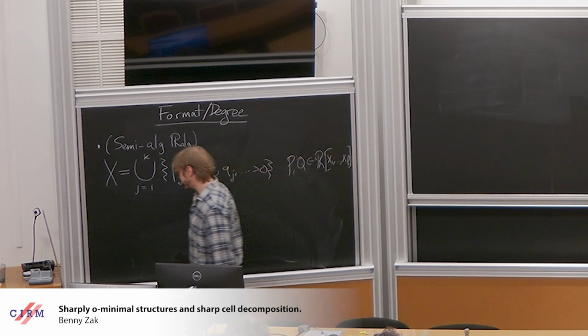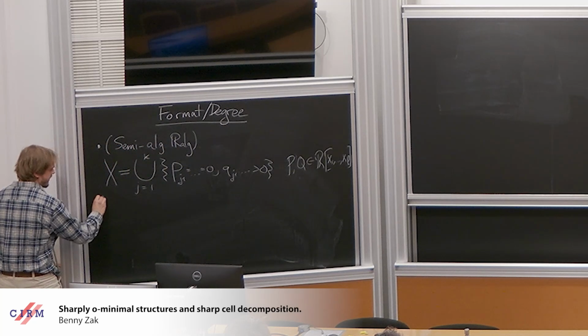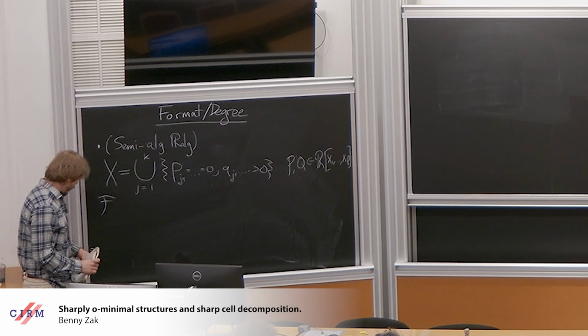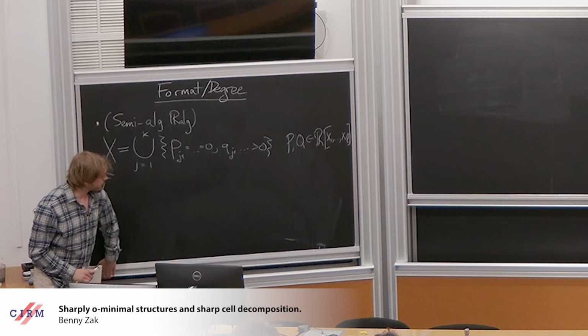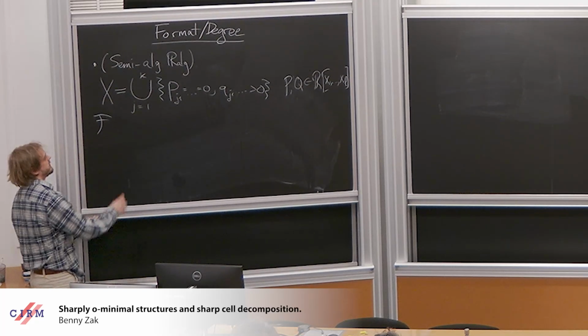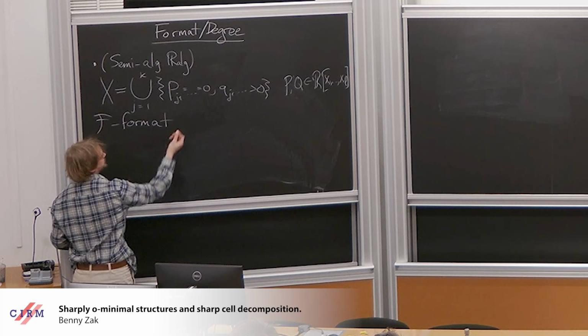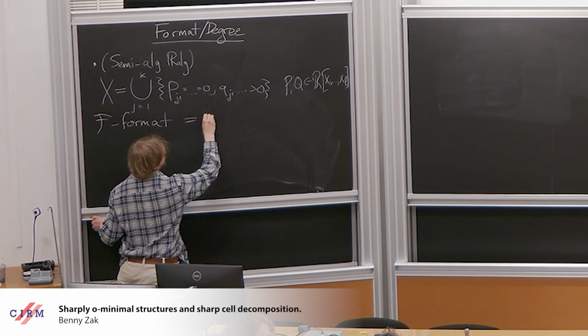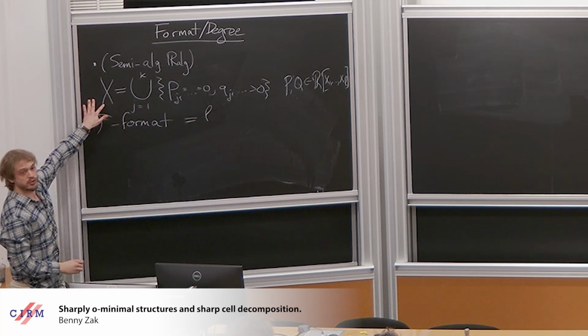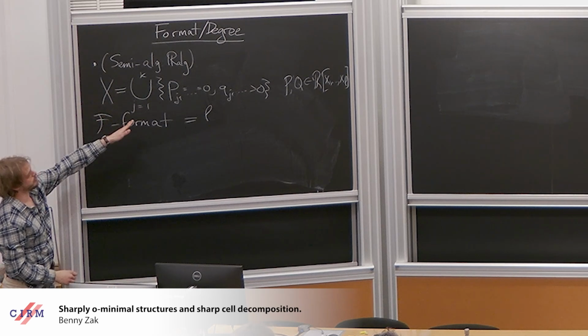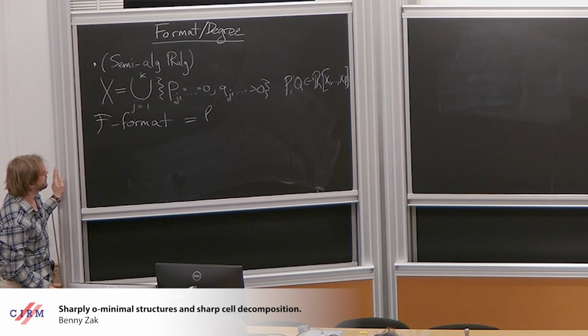And for such a set, there is a format F, which in this particular case is very simple. It's just equal to L, the ambient dimension of X, right? X is in R^L, because all of these equations and inequalities have L variables.